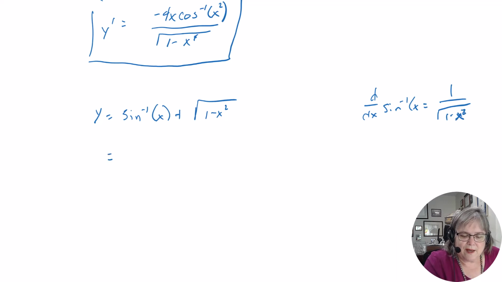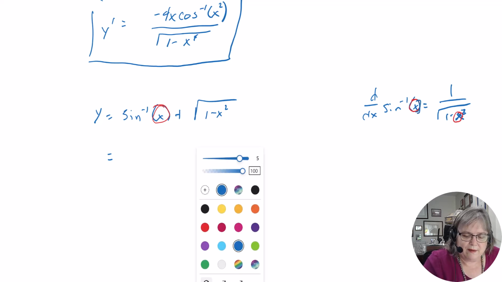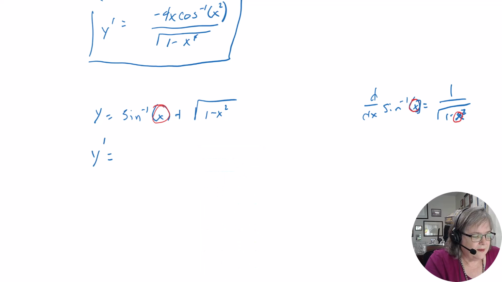And this is just an x. So this x is going to be comparable to this x, which goes right in here. So we're not going to have to loop back in, right? So we would have y prime is, and you would have, oh, I left part off. There's supposed to be an x right here. That's what made it so cute.